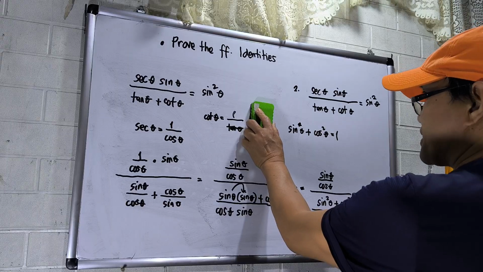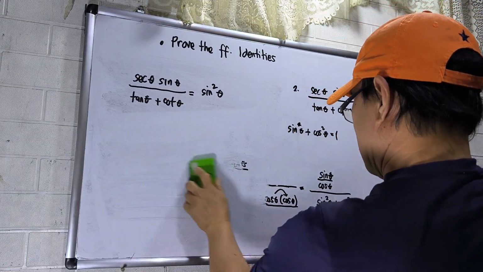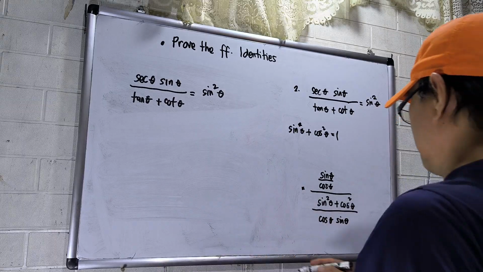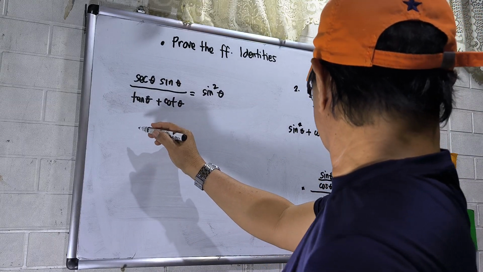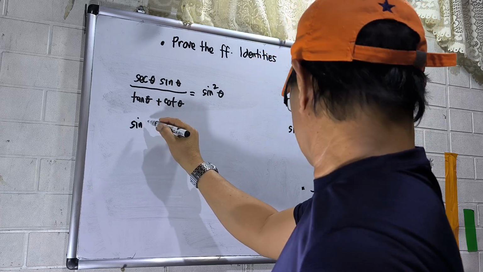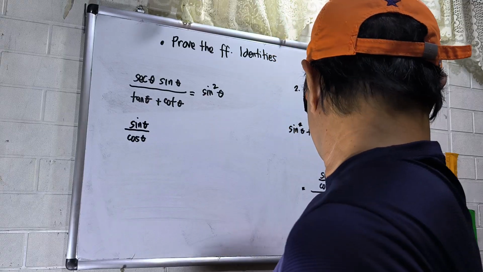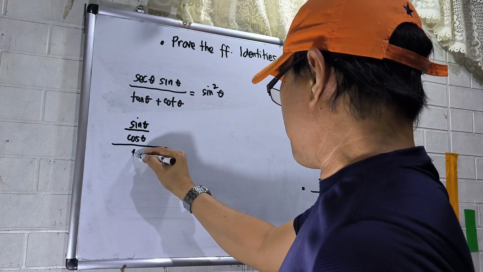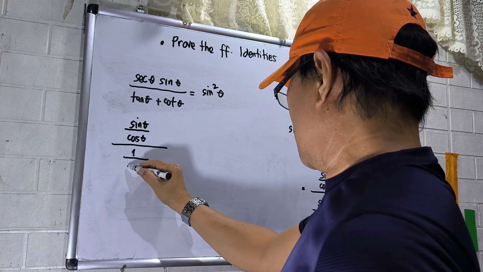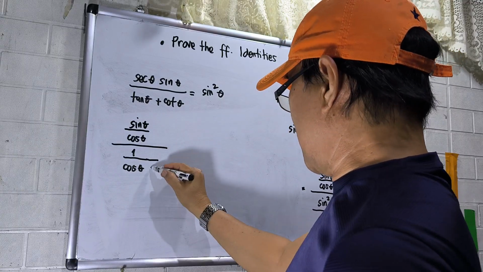So allow me to erase in here. So I have now sine theta over cosine theta, over 1 over cosine theta sine theta.